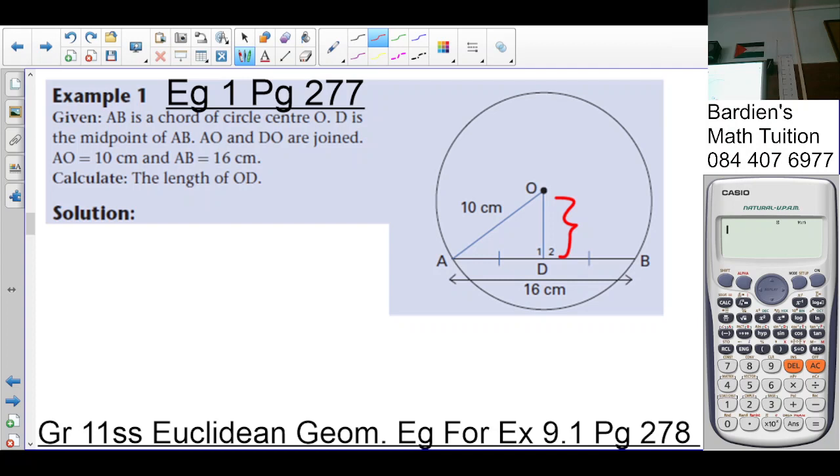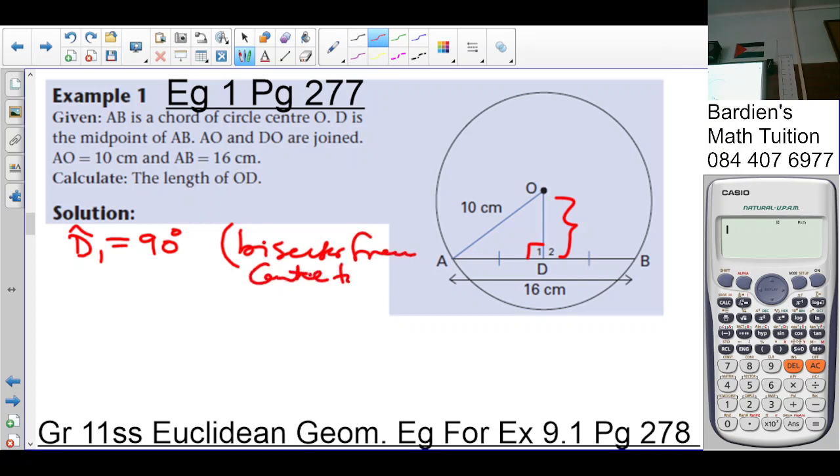So we'll start off by saying that D1 is 90 degrees. Why is D1 90? Because, I just told you now, bisector from center to chord. So there you got your 90. But what is AD?